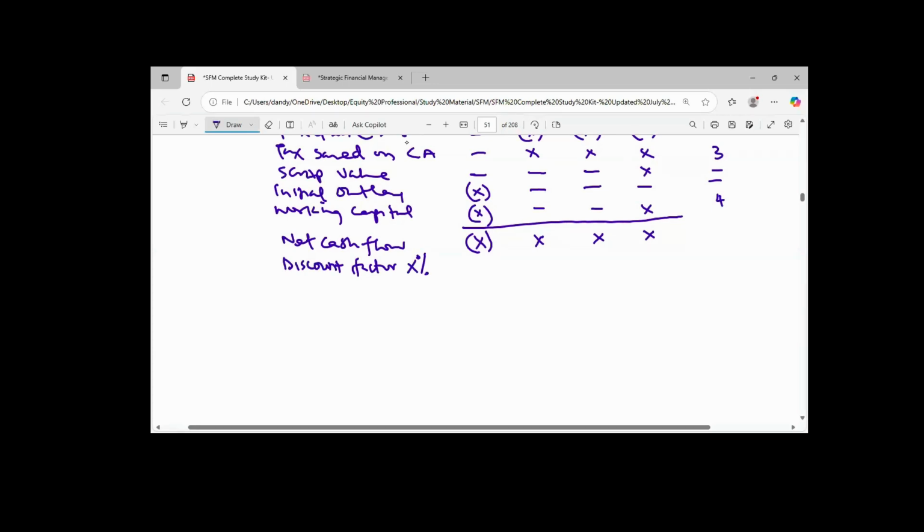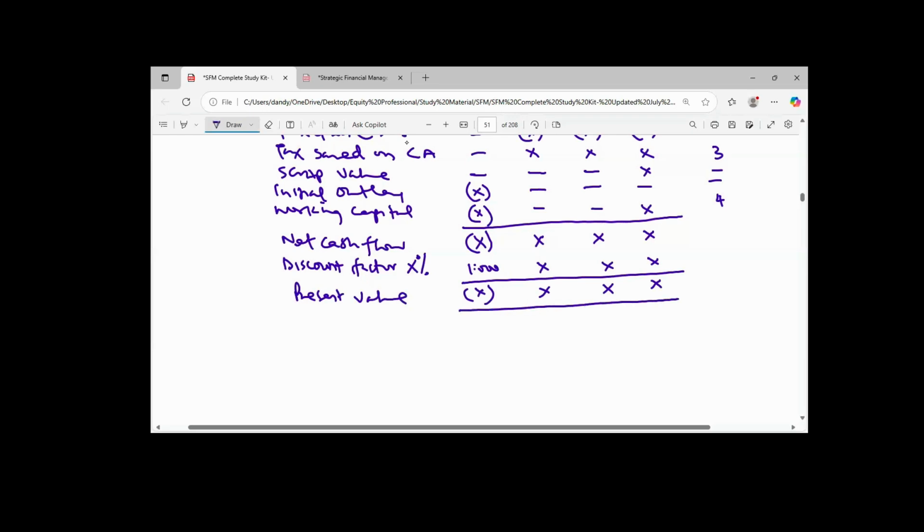So you put the discount factor here. Year 0 is always 1. You put all the discount factor there. Then, of course, you get the present value. This is the present value. Then, after the present value, you get your NPV.